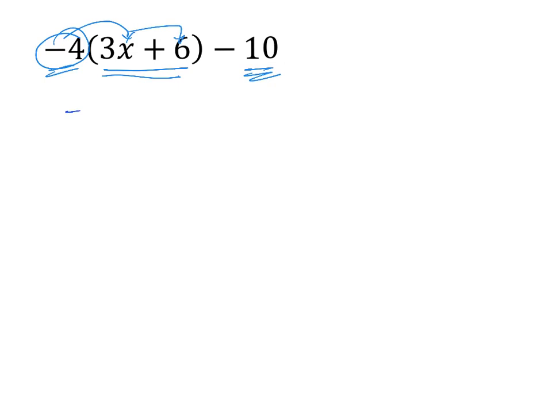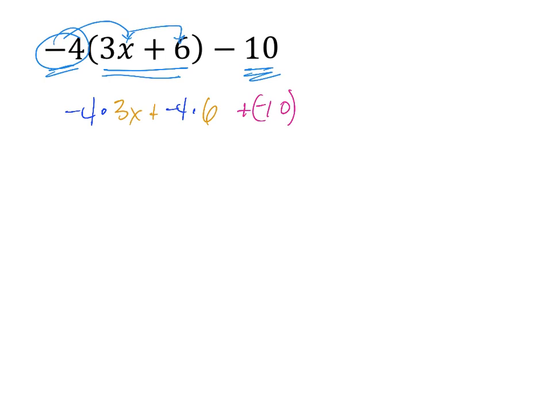So I'll have negative 4 times 3x plus negative 4 times the 6 minus the 10. Now again, I'm going to make this plus negative 10 because I want to make this addition so that I can commute like terms and combine like terms.